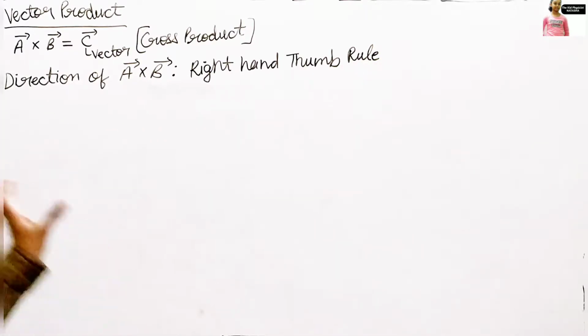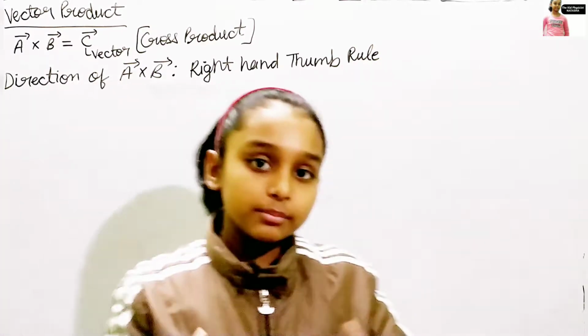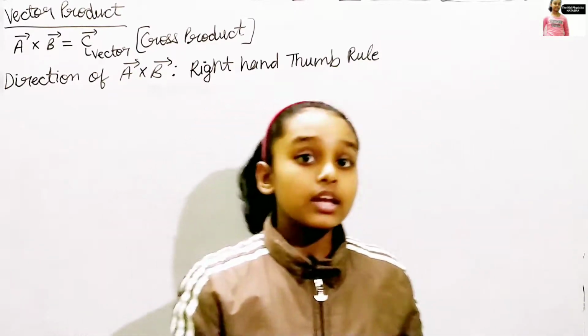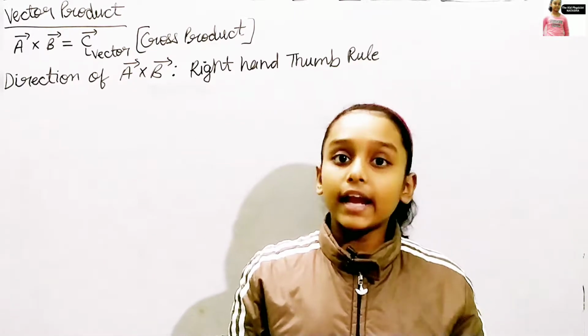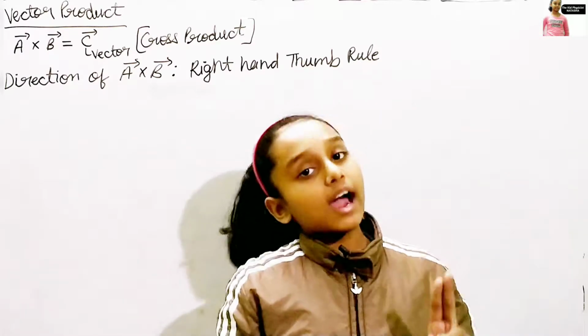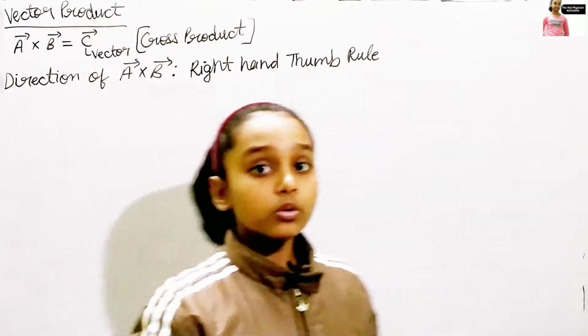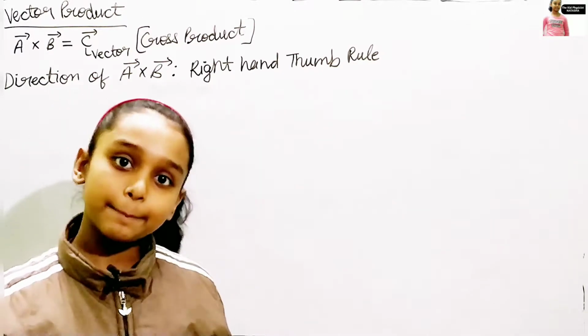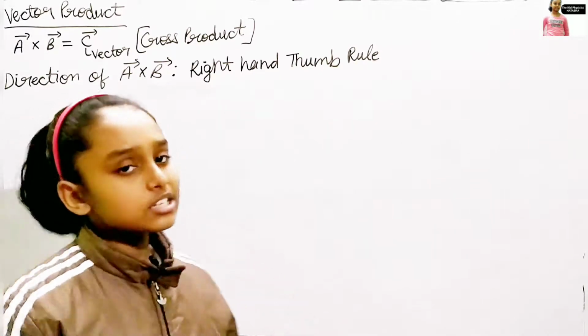First of all, let me tell you something, then we will continue. There are some rules to find the vector product of any two vectors. The first rule is the right hand thumb rule, and the second one is the screw rule.